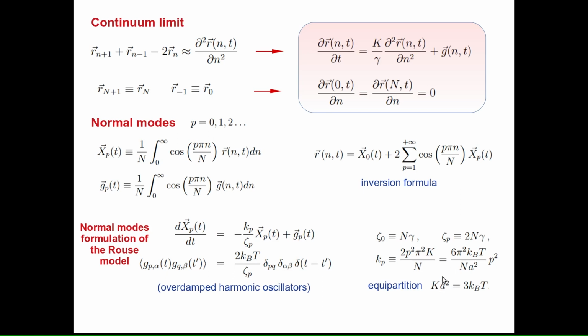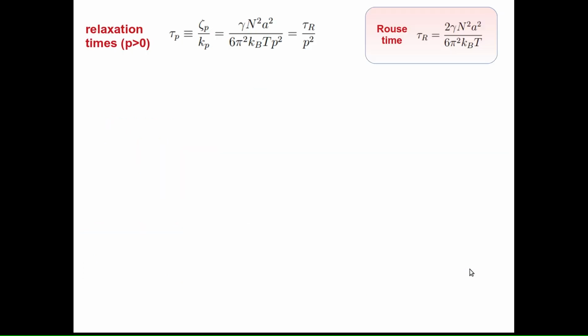I know that k multiplied by the average stretching of the springs squared is 3 times kBT, so I can get rid of this k in favor of kBT and a. It's the same thing. I normally use this final notation. So this is our starting point, and now we can solve this equation.